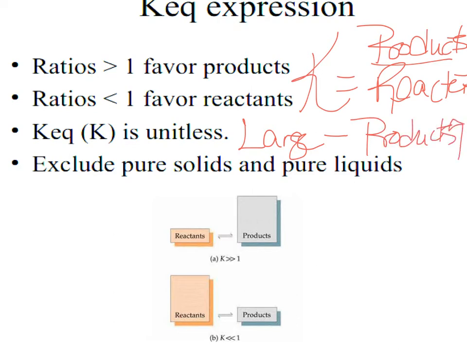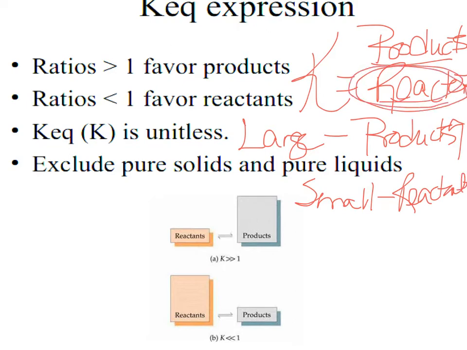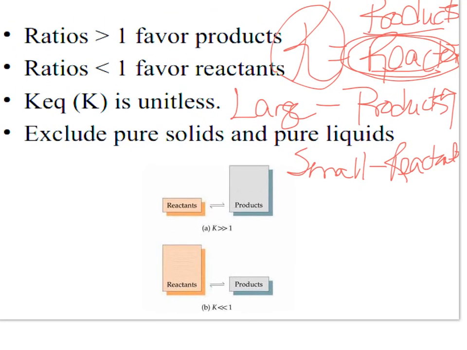And as K becomes small, that means that you have a lot of reactants. If you have a lot of reactants, that means your denominator is large, which makes K small. So those are important concepts to understand. So putting into more mathematical terms, let me pull this page up a bit here.